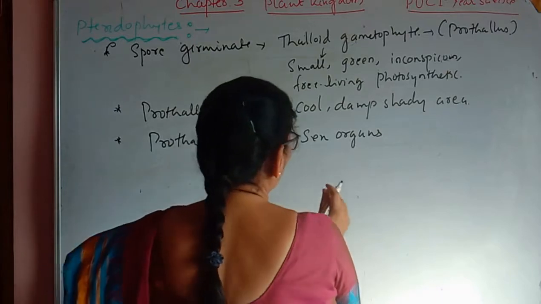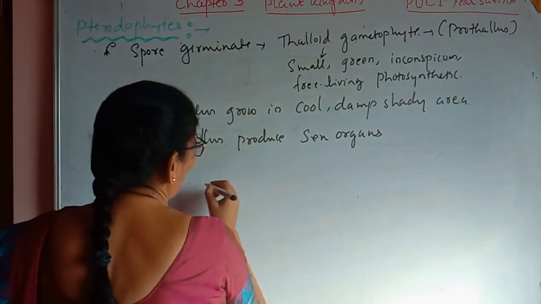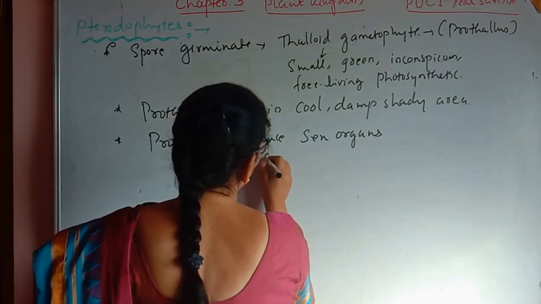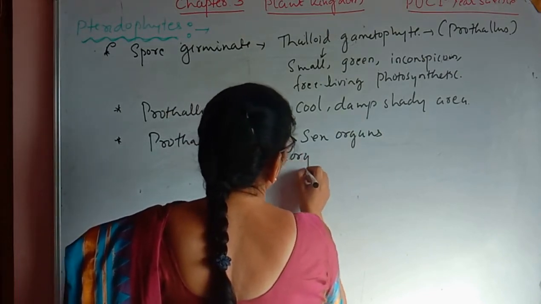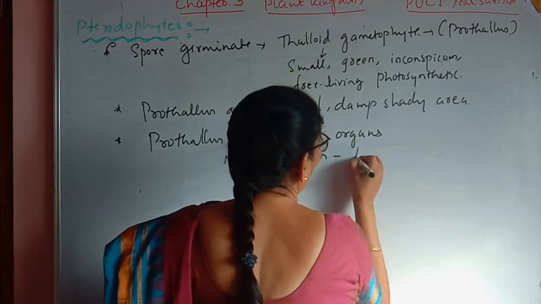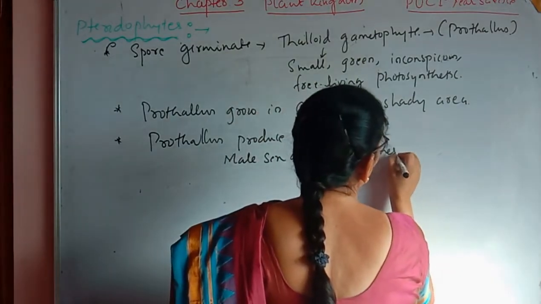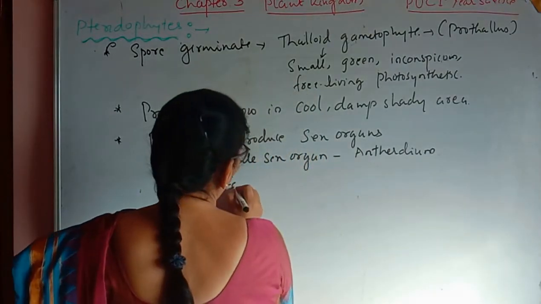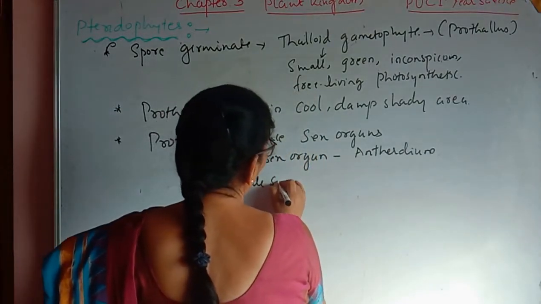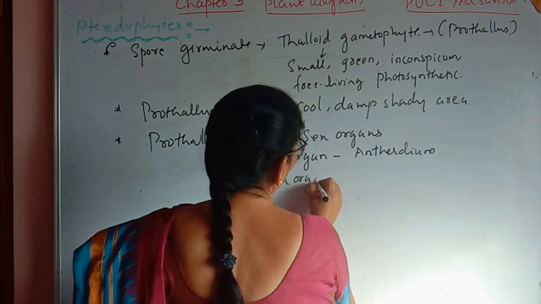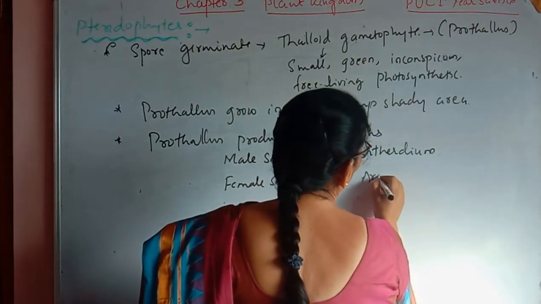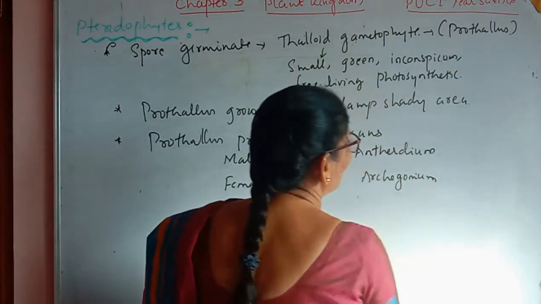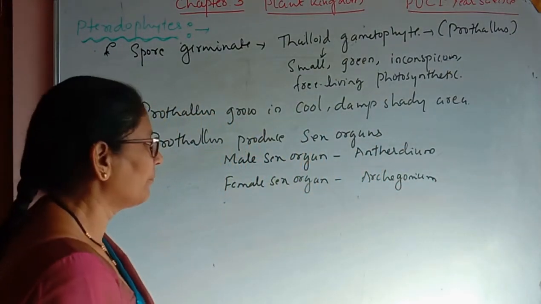Both male and female sex organs are present on the prothallus or gametophyte. The male sex organ is called antheridium and the female sex organ is called the archegonium.